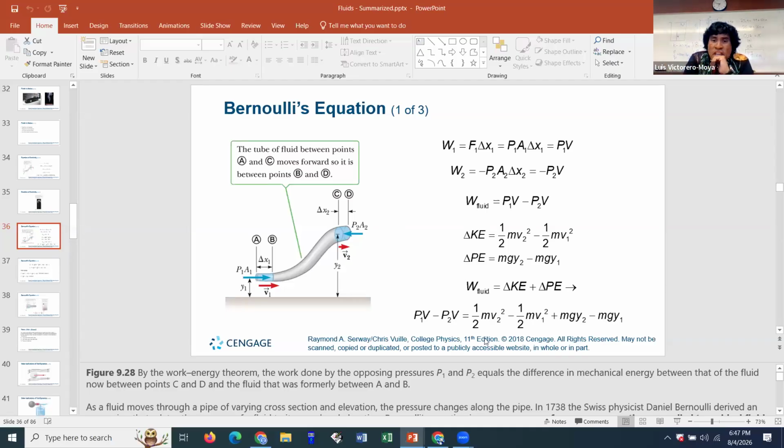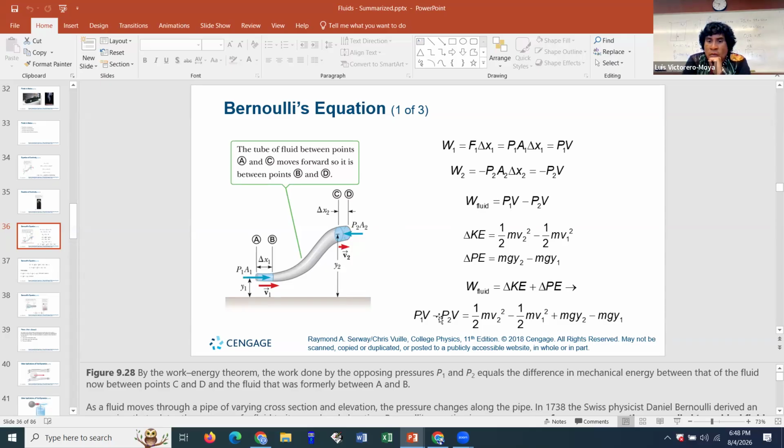The change in kinetic energy and the change in potential energy is equal to the work done by the forces. There are two forces: there is pressure here and pressure here. And remember, P1A1 is the force here, P2A2 is the force here.